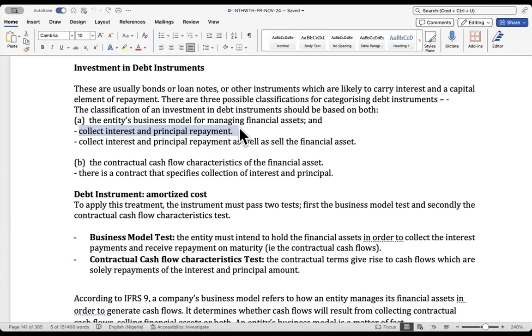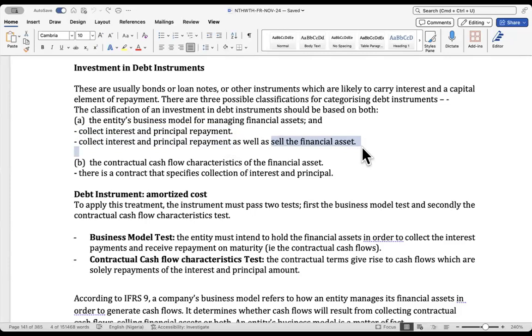But the point here is this business model. How do you make money when you invest in debts? The first way is that you collect interest and principal. Number two is, in addition to collecting interest and principal, you can also sell that financial asset.